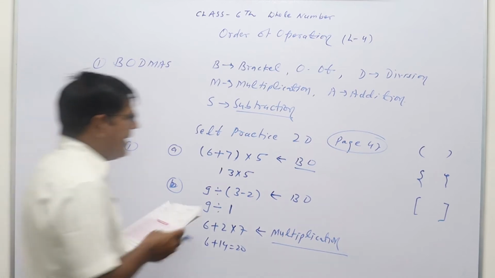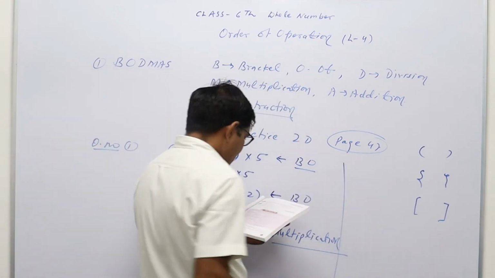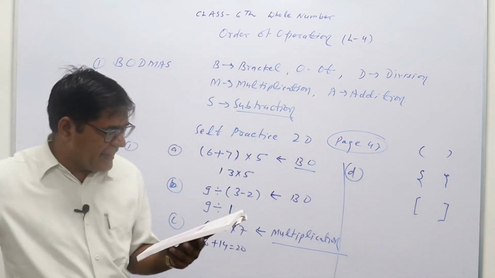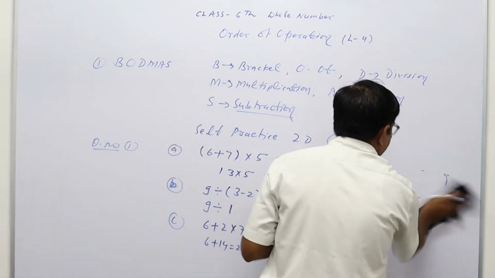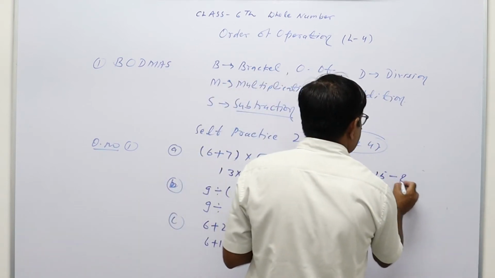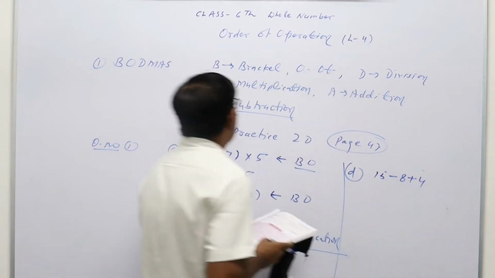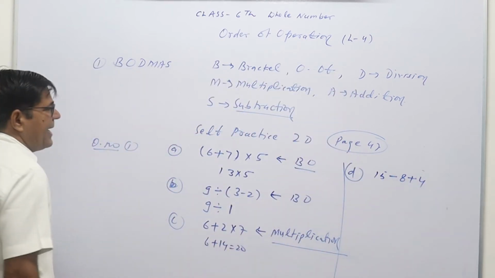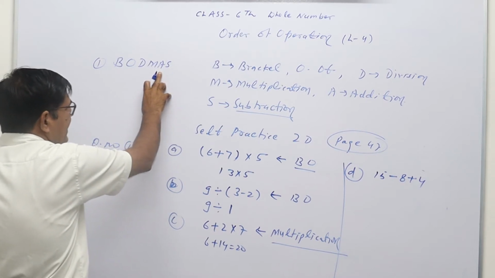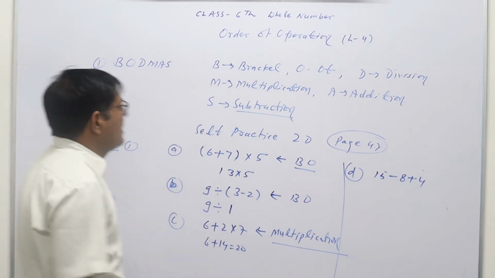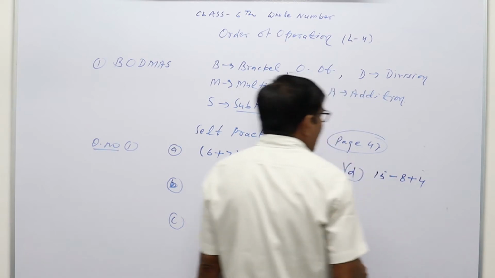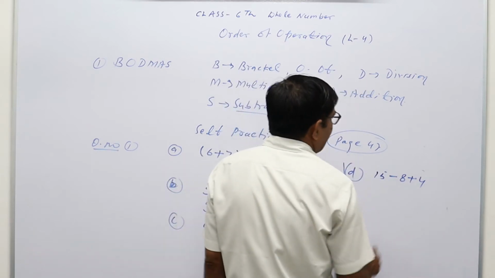Now next one is question D, and in D it is given 15 minus 8 plus 4. So again see the board, there are two operations, one is subtraction and another is addition. So addition is first, then we will do subtraction. So first we will do 8 plus 4, that is 12.